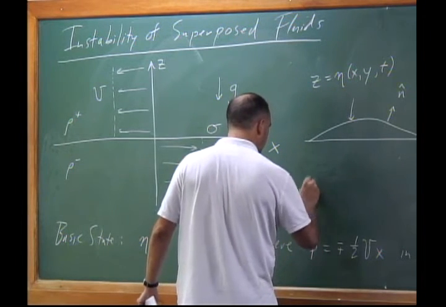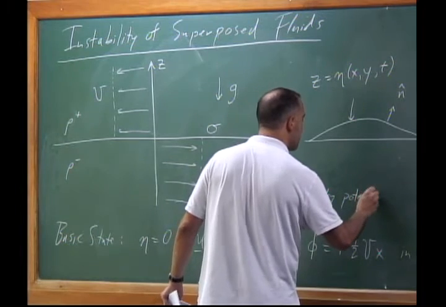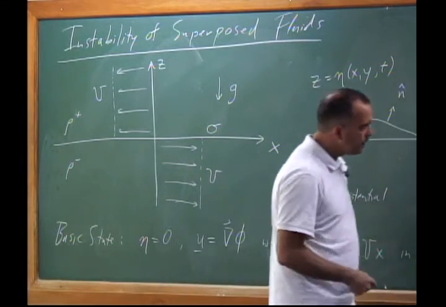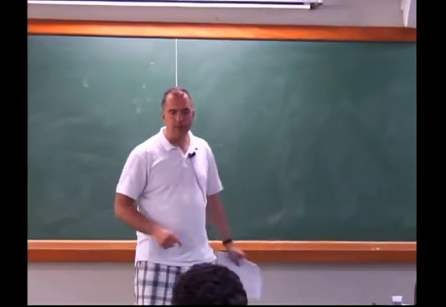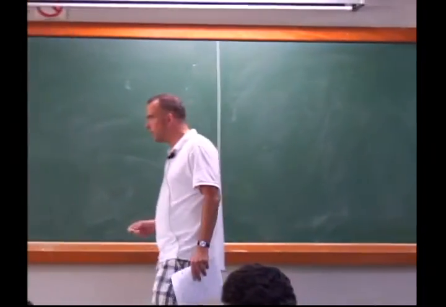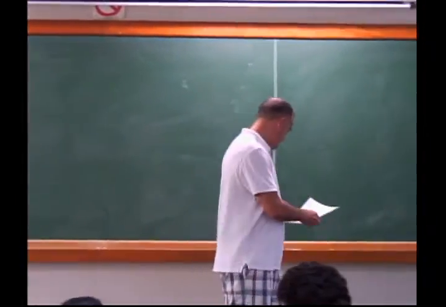Okay, so this is our velocity potential. Okay, so we're assuming that viscosity is not important here, so we're looking at potential flow. Okay, so we're imagining the Reynolds number is very high. Certainly is the case when wind blows over water, so viscous effects aren't important.